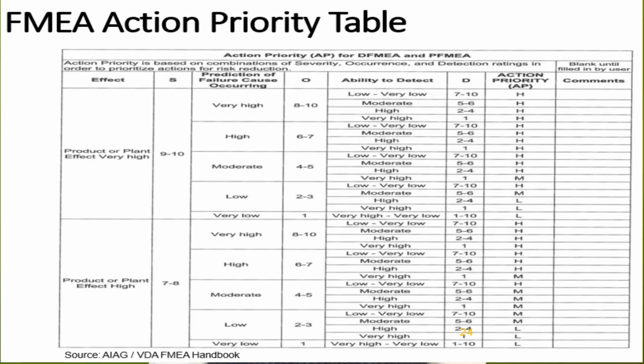So if you see the action priority table, now let's assume that the severity is 7 or 8. When we talk about occurrence, let's say it is 6 or 7, and when we talk about detection, let's say it is moderate, 5 or 6. So if you see the combination of 3, then you will find that it is showing the action priority is high.